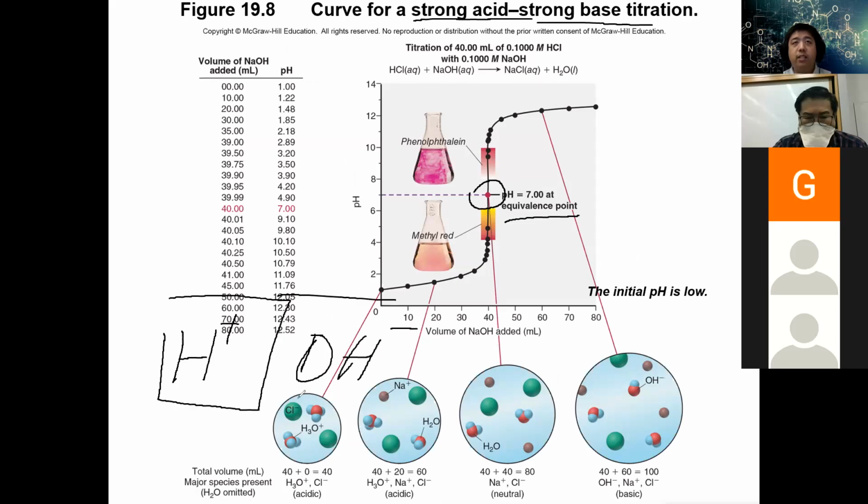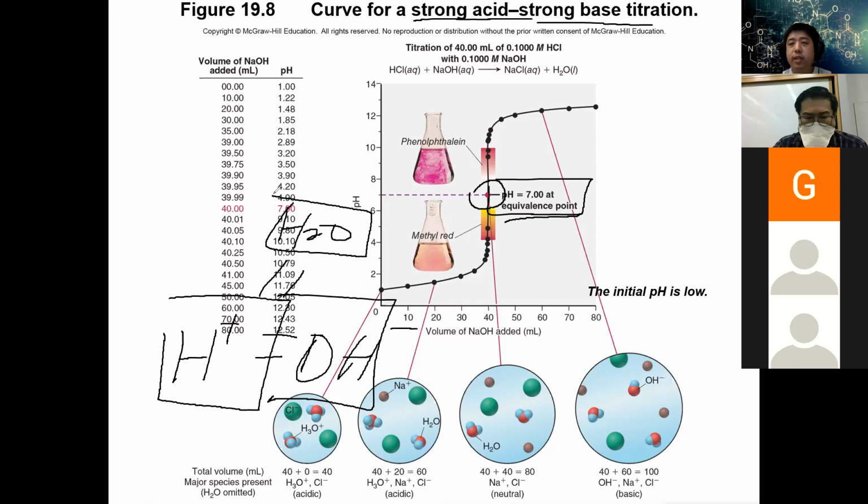This is going to come from my acid. This is going to come from my base. If I hit the equivalence point, what's happening is this concentration equals this concentration, right? So the amount of H+ and the amount of OH- equal each other. So what I have here in the solution is a pH of 7 because these essentially make water. What is the pH of water? Assuming 20 degrees Celsius.